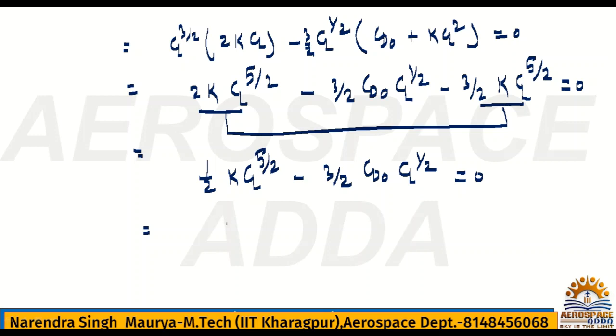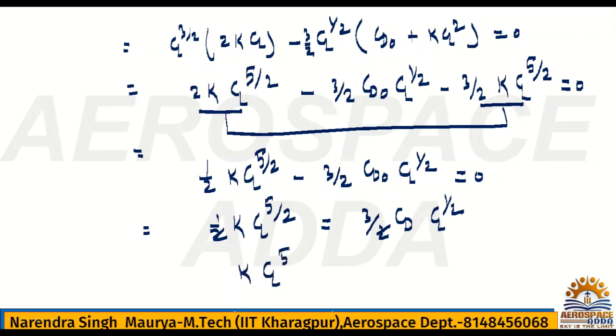So here it is nothing but, you can write this 1 by 2 KCl 5 by 2 is equal to 3 by 2 CD naught Cl for 1 by 2. This 2 also cancel out. So here it is KCl 5 by 2 is equal to, this is CD naught, right? 3 CD naught Cl 1 by 2.